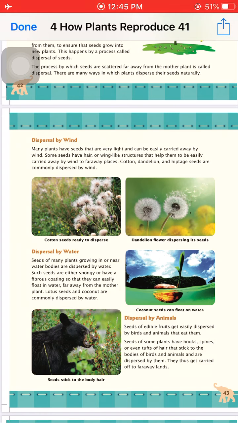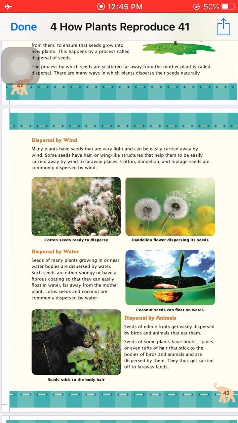Next is dispersal by water. Some of the plants that grow at the corner of water bodies or near the water bodies, their seeds fall into the water.